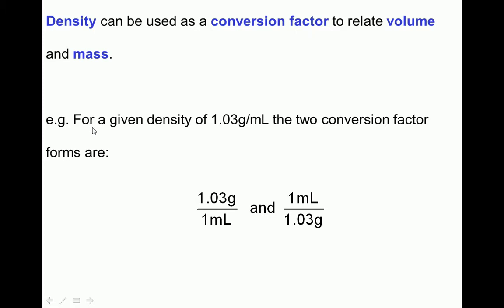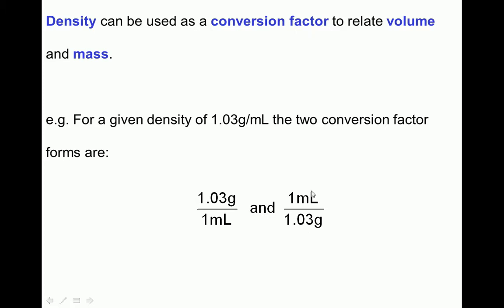Here's an example. For a given density of 1.03 grams per milliliter, that's close to the salty water that we made the other day in the lab, two conversion factors can be written. We could write 1.03 grams per milliliter, and we could write 1 milliliter per 1.03 grams.